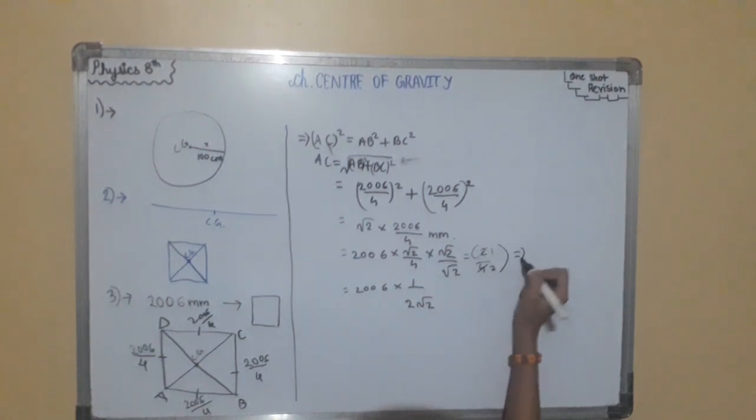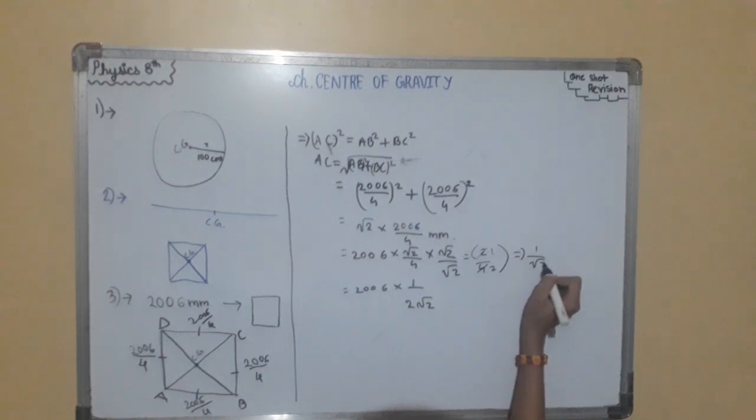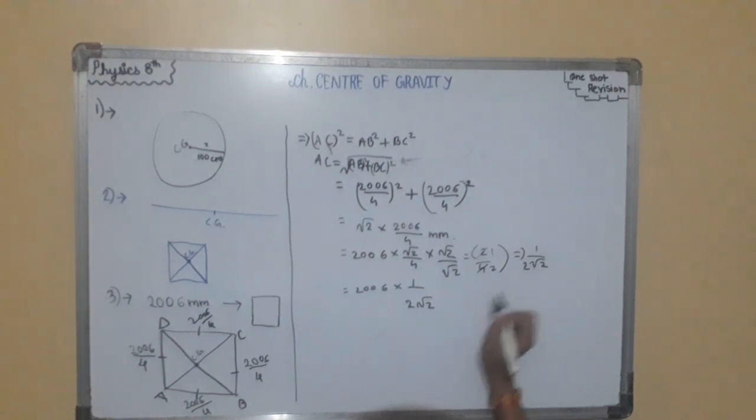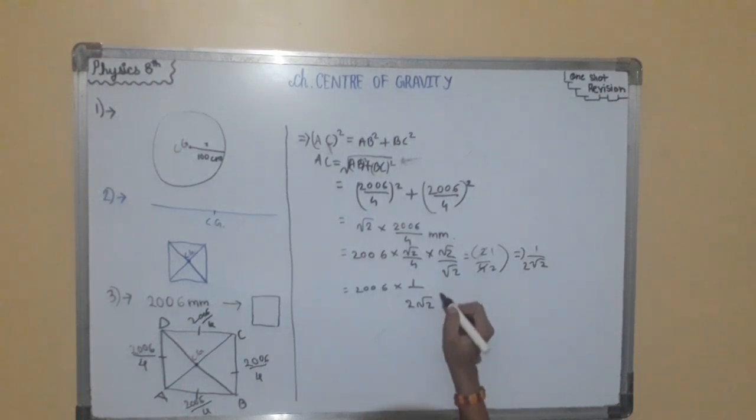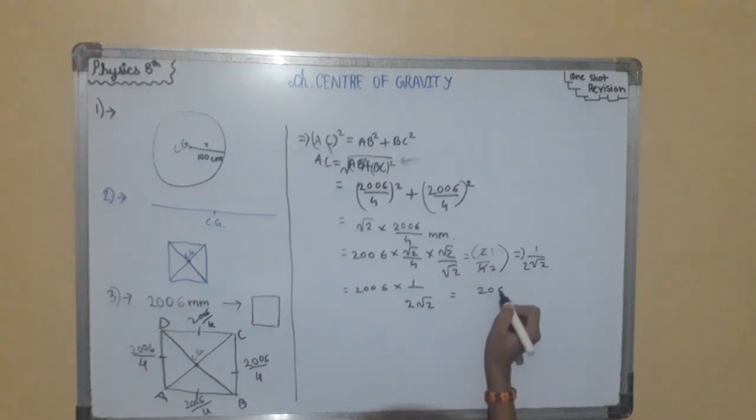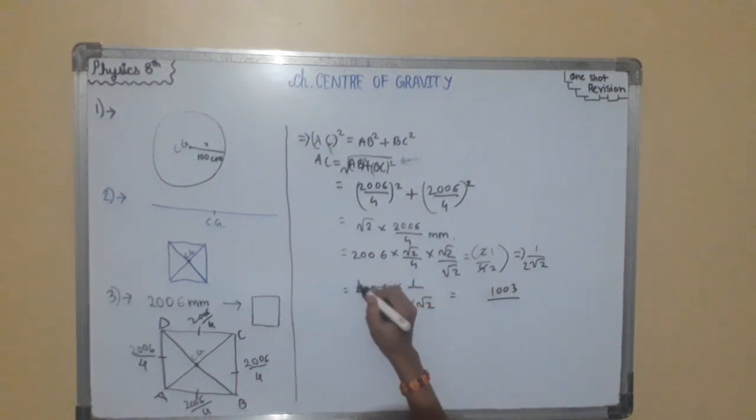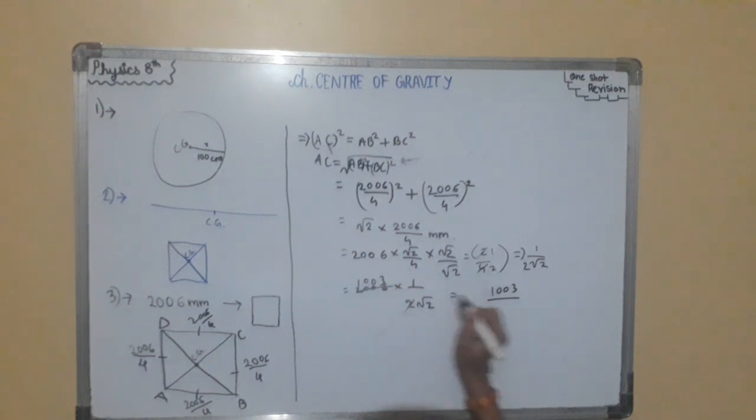So we'll get 1 upon 2 root 2. So this we will get 1003 upon root 2 millimeter.